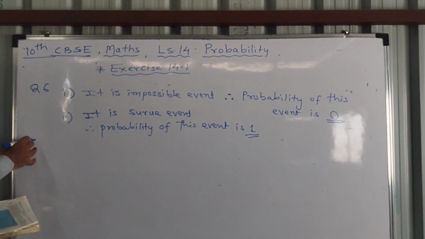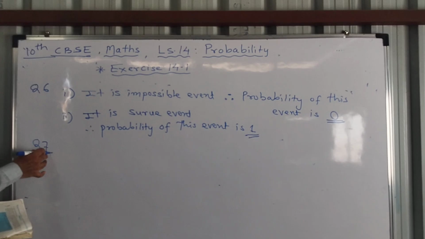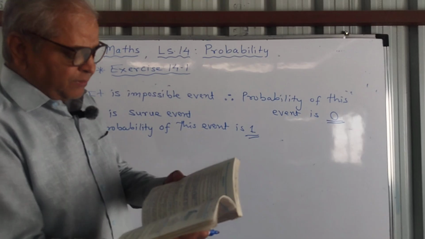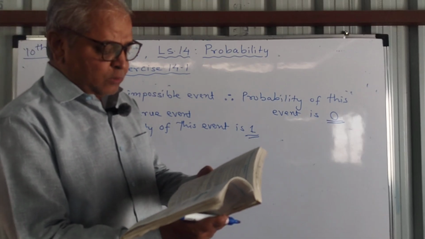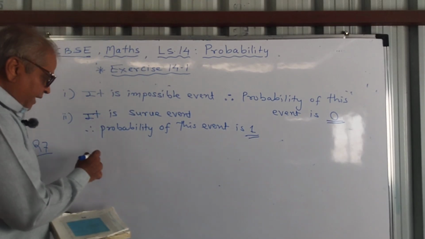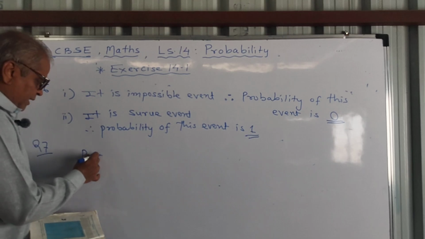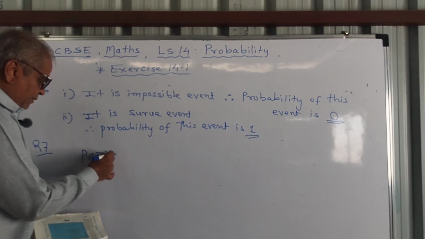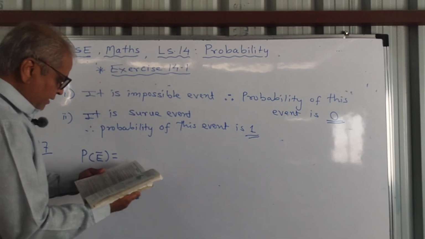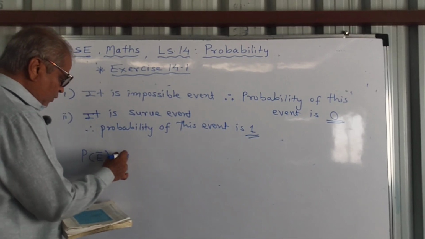Question number 7. It is again for MCQ. It is given that in a group of 3 students, the probability of 2 students not having the same birthday, that is P of E dash, is given as 0.992. Same birthday is P of E, not having the same birthday is P of E dash.